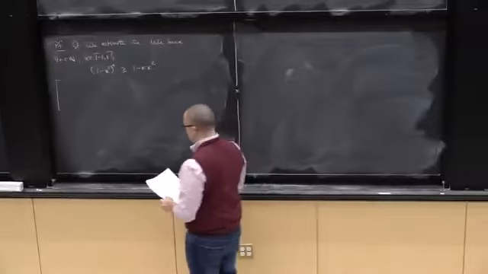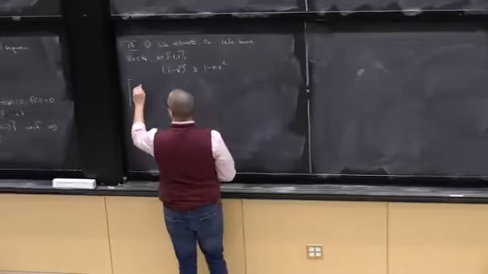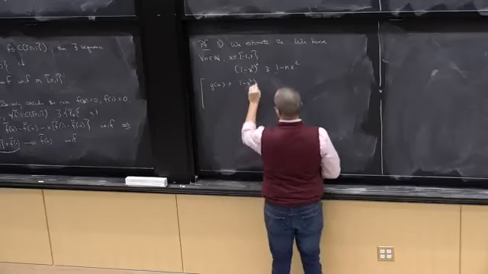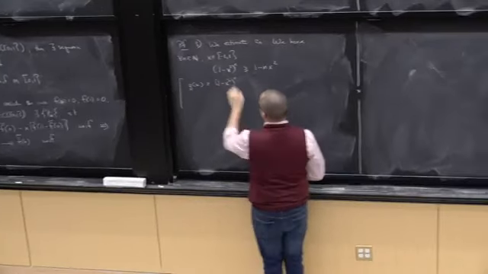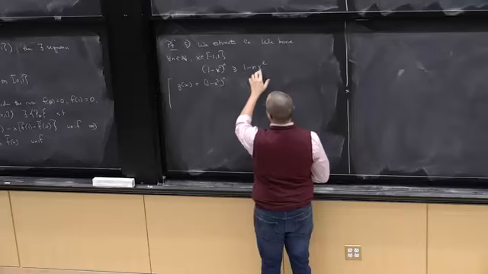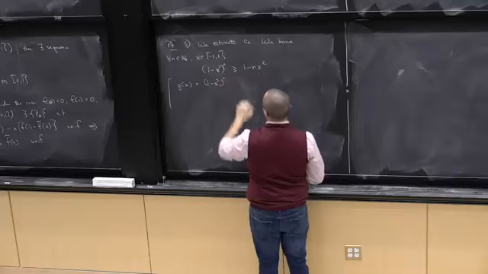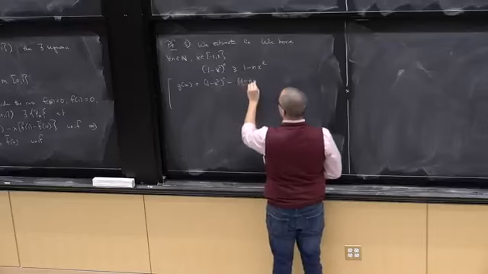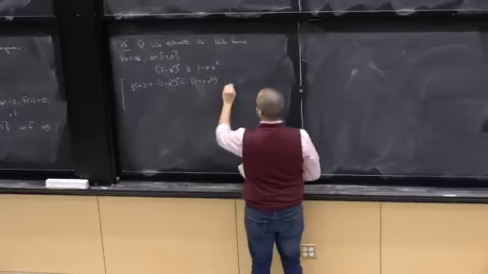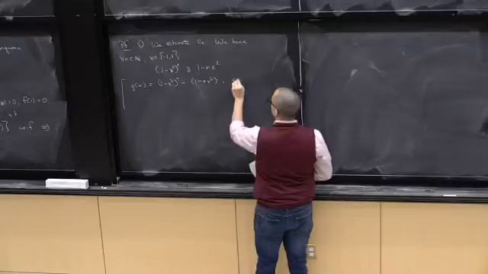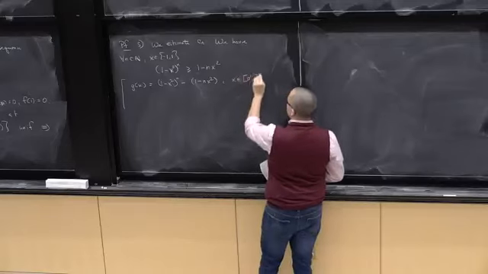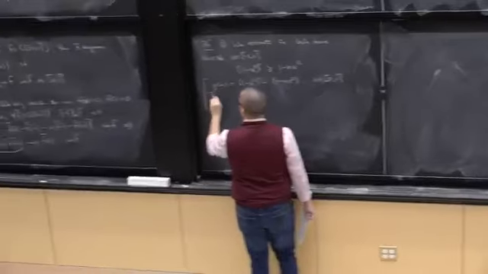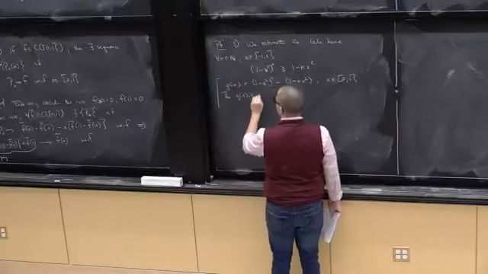Now, it shouldn't be immediately clear why this is true, but one way you can prove it is to look at the function g of x equals (1 minus x squared) to the n. First off, this inequality is even in x. It doesn't matter if x is negative or positive, so let's look at this function on [0, 1]. If I look at g of 0, this is 0.